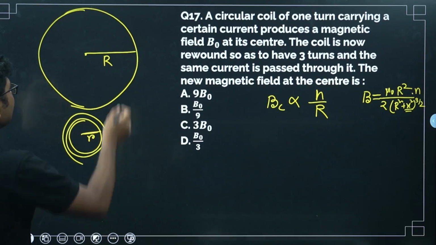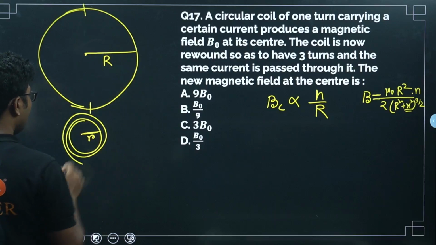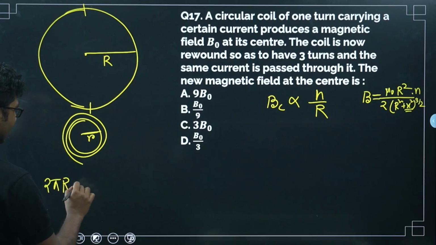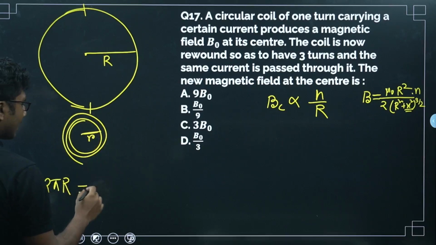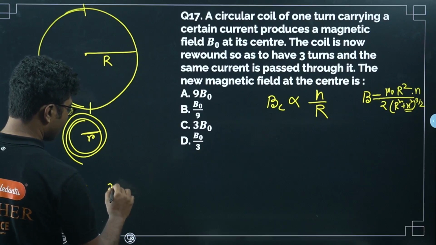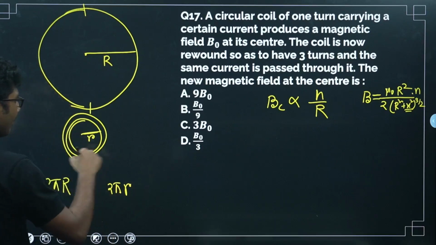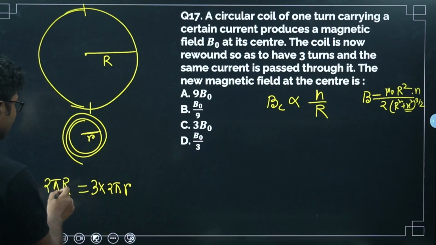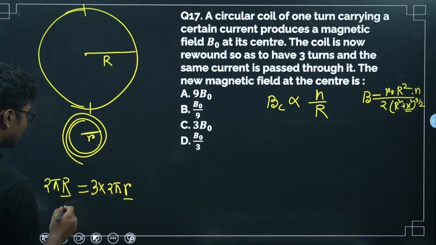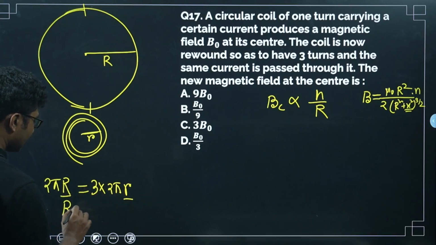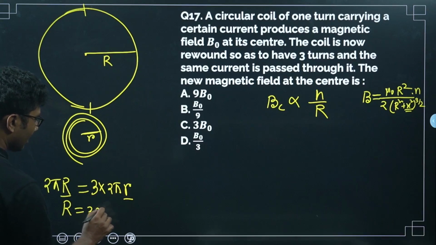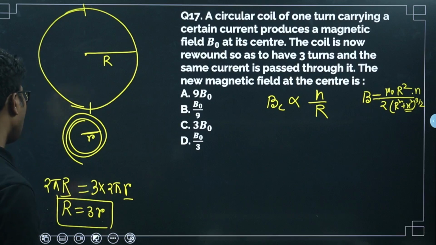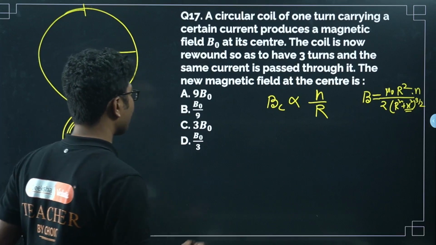Initially the perimeter was 2 pi R. The final perimeter of one round is 2 pi small r, but we have wound it 3 times, so 3 times 2 pi r. So the relationship between capital R and small r is simple: capital R is 3 times small r. Very simple relation.